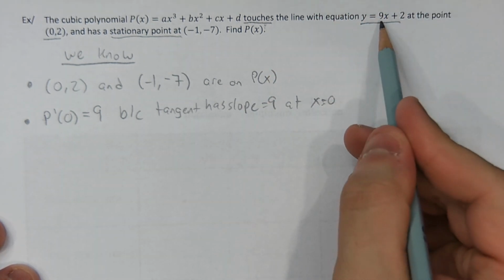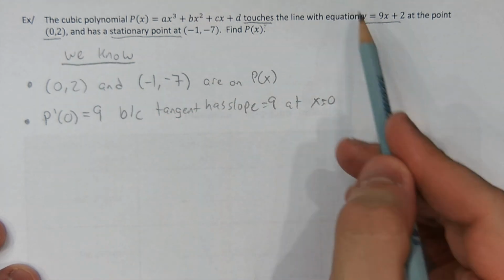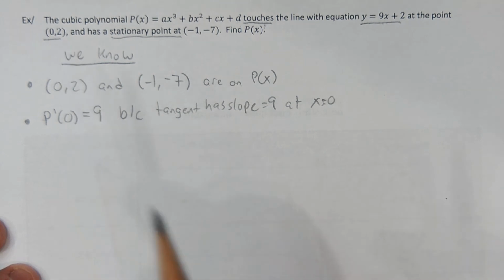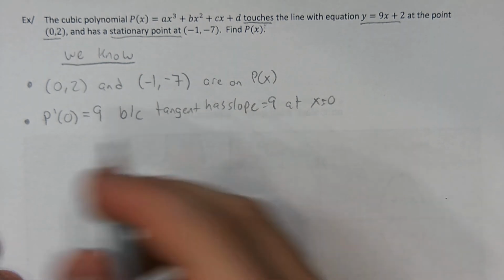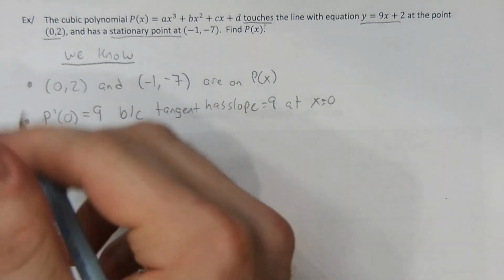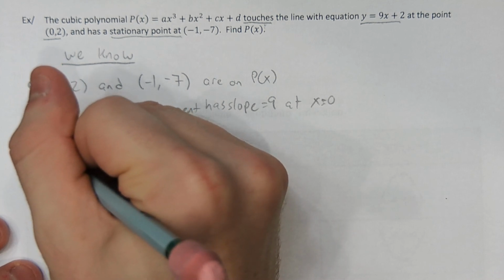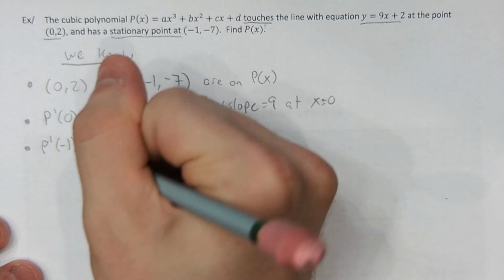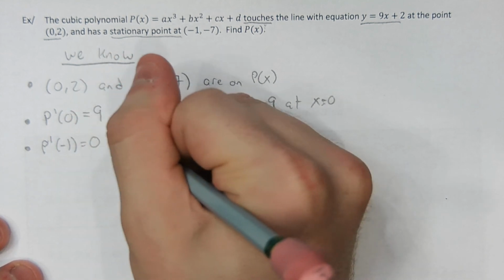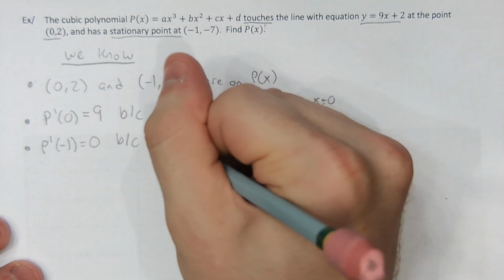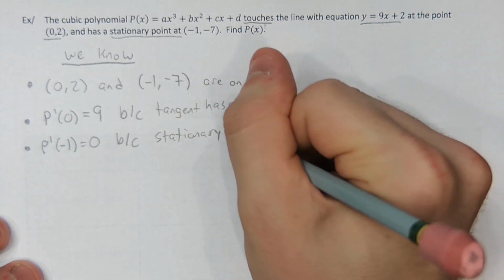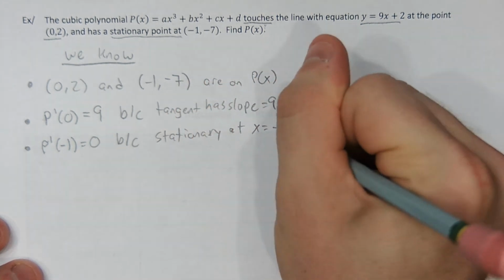See, we're tangent at x equals 0 with this line, which means this slope is this thing's slope at this x value. We also know that when we plug -1 into our derivative, we get 0, and we know that because we are stationary at x equals -1.